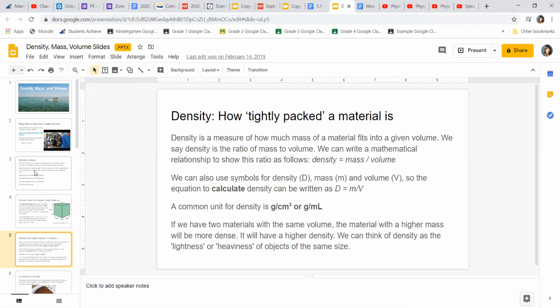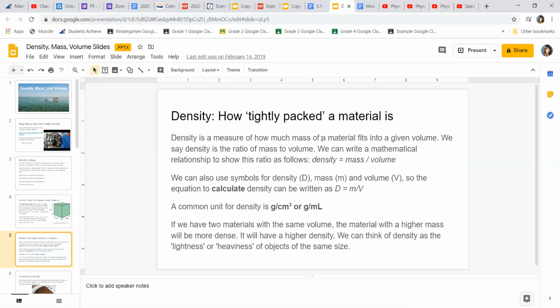It's a nice light dessert. Whereas something like a pound cake is going to be much more dense. It's a heavier cake, even heavier in weight. And it could even be a smaller shape than the angel food cake, but it's way denser. It's much more tightly packed in there. So that's what you can think about when we're looking at density.